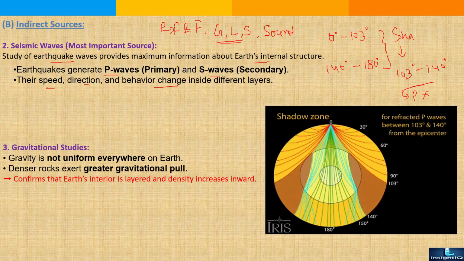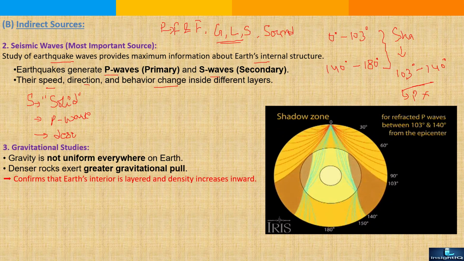Next one is the S wave. The S wave can travel only through solid medium. Only solid medium. It is received on the earth's surface after the P wave. It is more dangerous, so the destruction from an earthquake due to the S wave is much more.